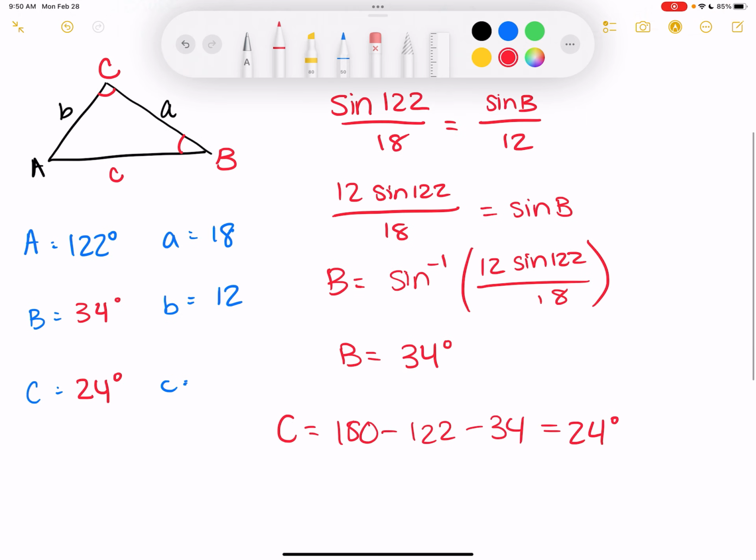So then now I can find side C, and this is where I say use as much known information as you can. So I would use A again, because all of that was given to you. Let's say hypothetically you failed to do angle B correctly, which obviously is going to affect your angle C, but if you use angle B inside with C, then you're going to be super off.